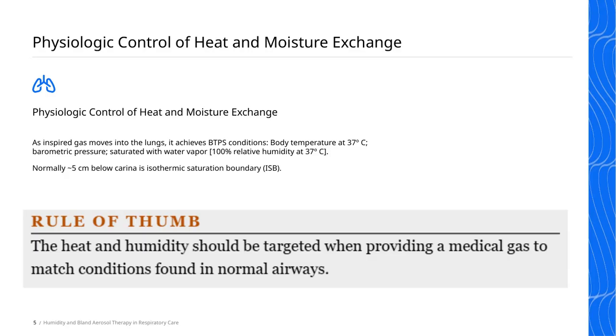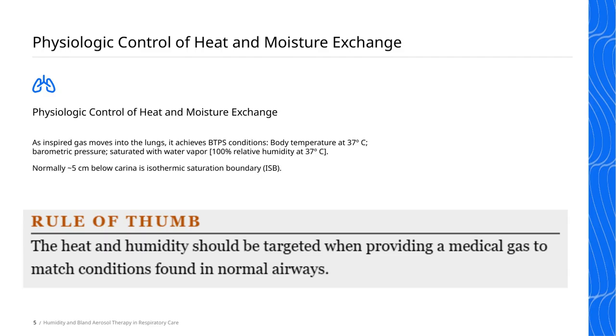As inspired gas enters the lungs, it quickly reaches what we call BTPS conditions, which stands for body temperature at 37 degrees Celsius, barometric pressure, and it's saturated with water vapor at 100% relative humidity. This means that by the time the air reaches the lungs, it's warmed and humidified to match the body's natural conditions.